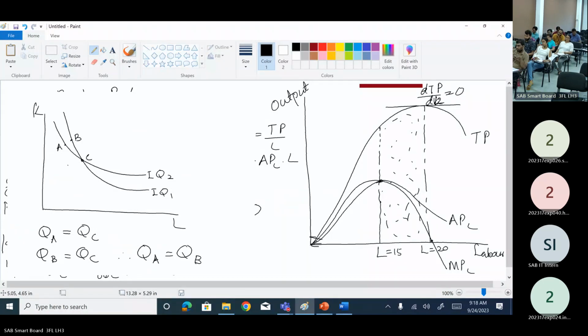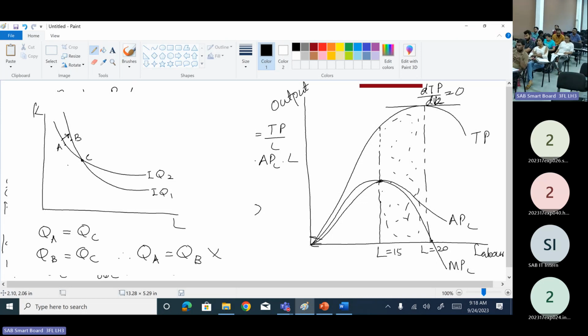According to this definition, QA equals QC and QB equals QC, therefore QA should equal QB. But you can't say that, because QB is on a higher isoquant. It is above QA and gives a higher output level than QA; QA is on the lower isoquant. So we cannot have intersections.